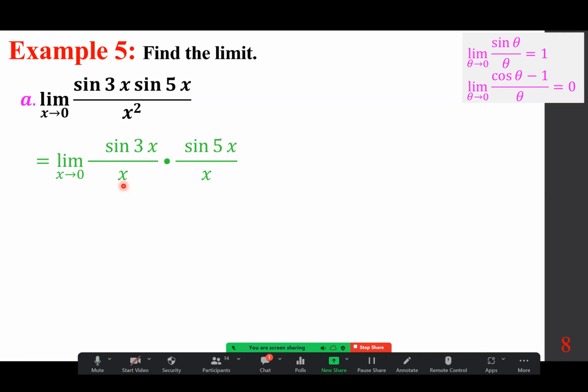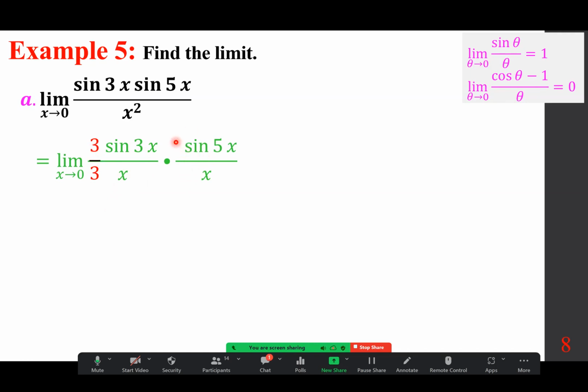Then we notice that if we had number 3, we would be in good shape here. If we had number 5, we would be in good shape here. So if we throw in number 3, in other words, we can multiply the top and the bottom both by 3. That's fine, the fraction is being multiplied by 3. Same thing we can do here.